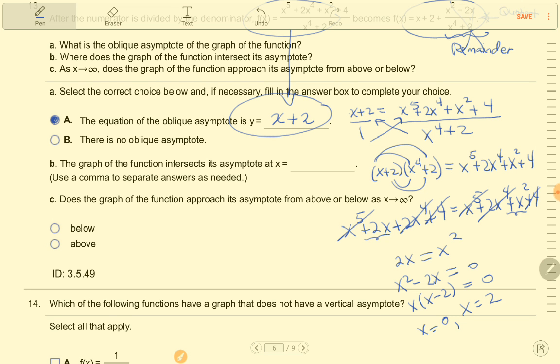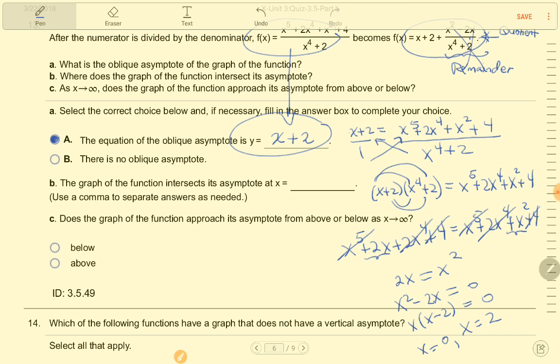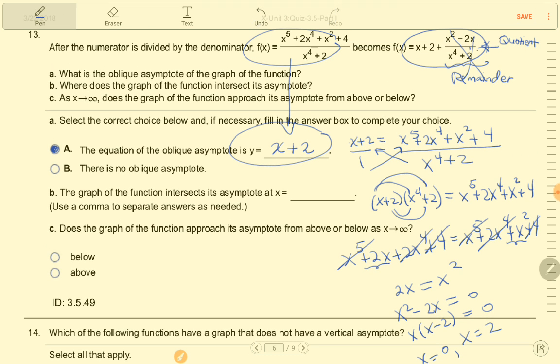So at x equals 0 and x equals 2, the graph of f of x, the function, will actually intersect its slanted asymptote. So at 0 and 2.